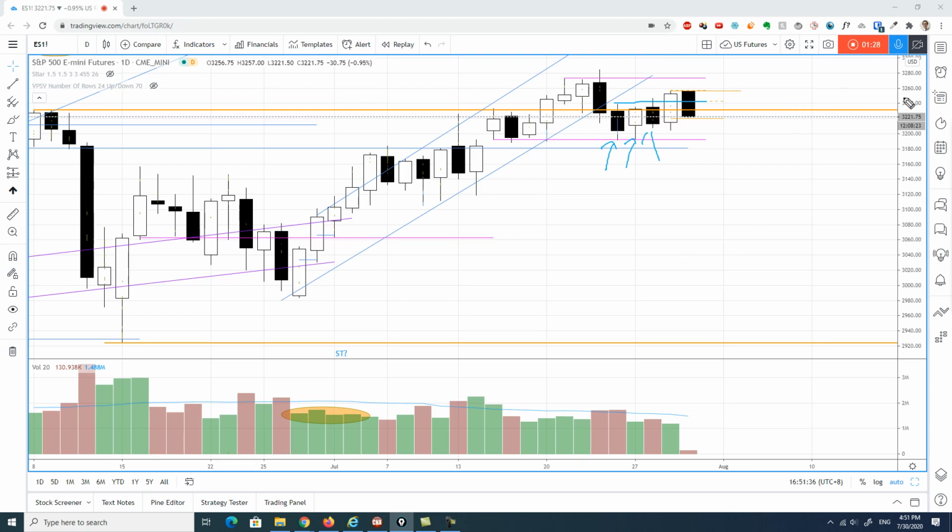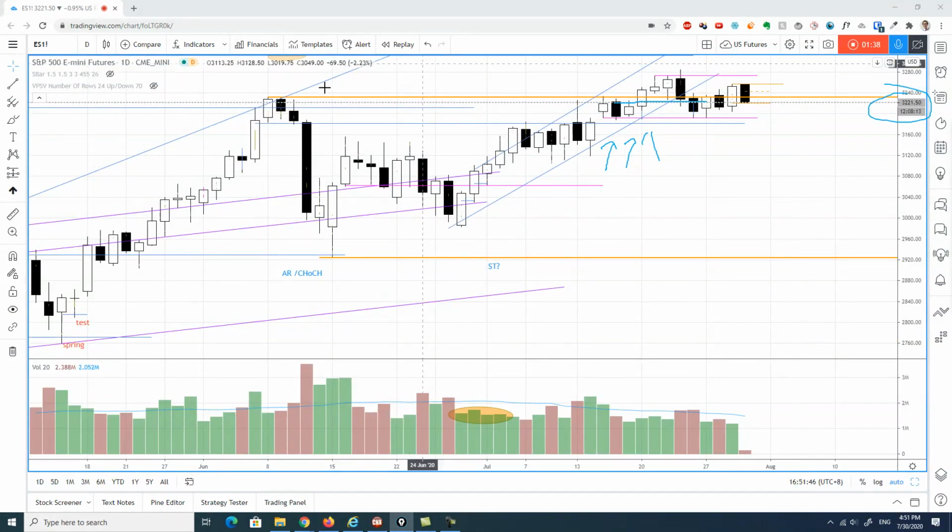And another thing that stands out is that it closed above the 3230 axis line, which is the previous swing high level, as you can see here. So that 3230 was initially originated from this swing high, and then subsequently we have a breakout, kind of like an upthrust situation.